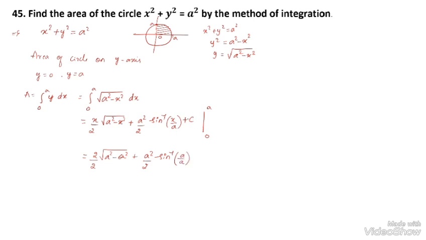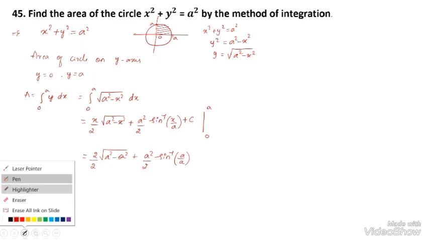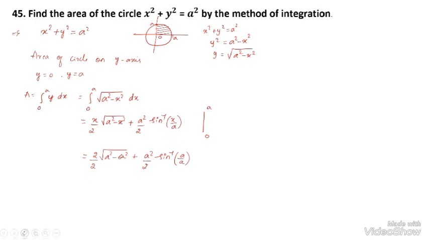There is no constant here because these are definite values. Now for the lower limit, wherever x, I take 0: 0 by 2 root of a square minus 0 plus a square by 2 sine inverse of 0 by a.